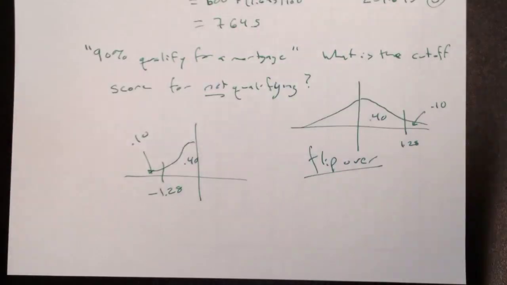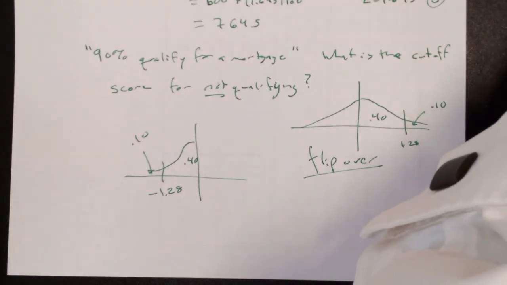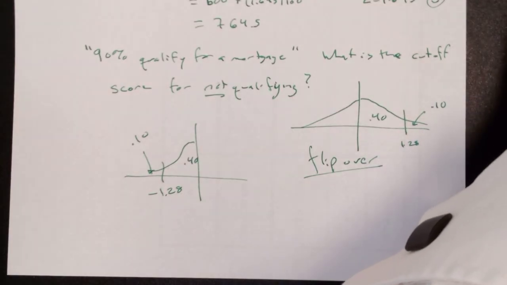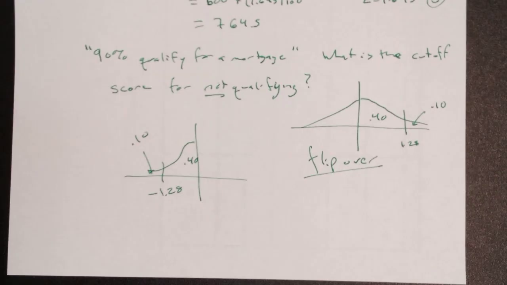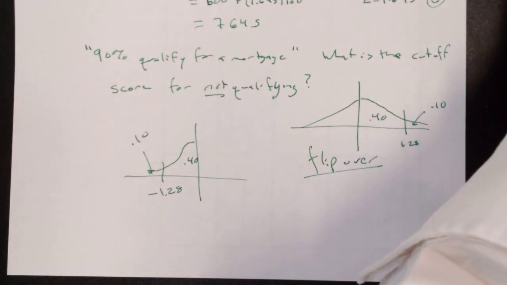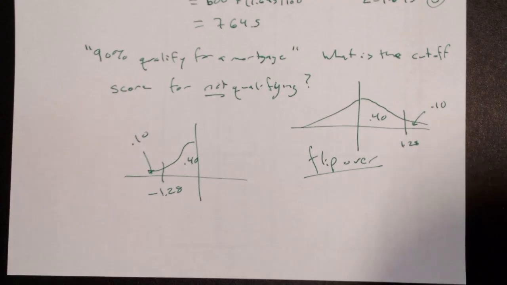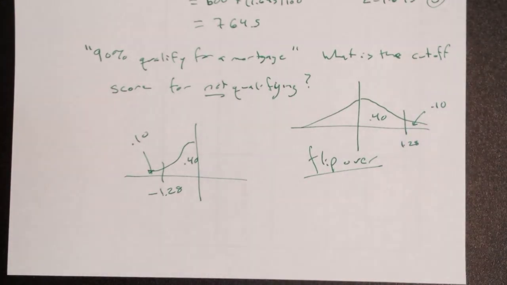Both work. The inverse normal command on my calculator will work. There it is, norm inverse. Notice there are two different inverses: there's norm inverse and there's norm S inverse. The S is the standard, that's the one that goes on my Z table.